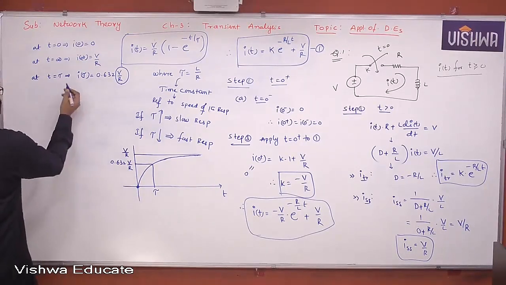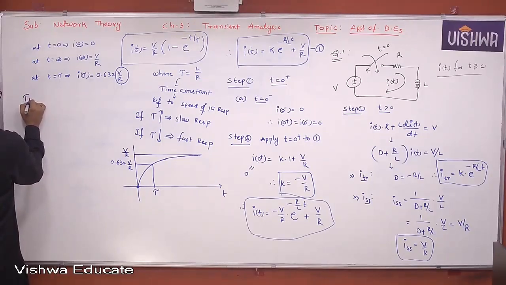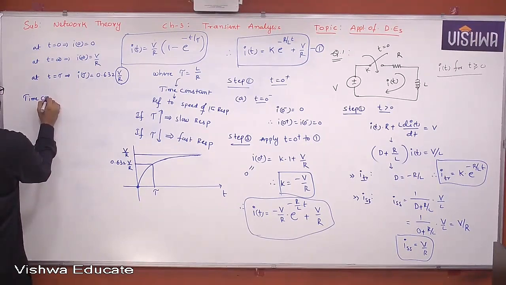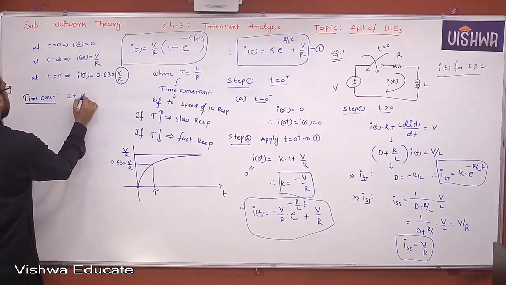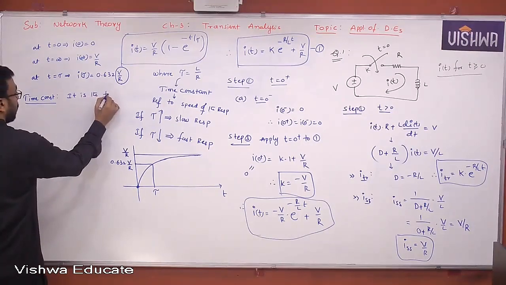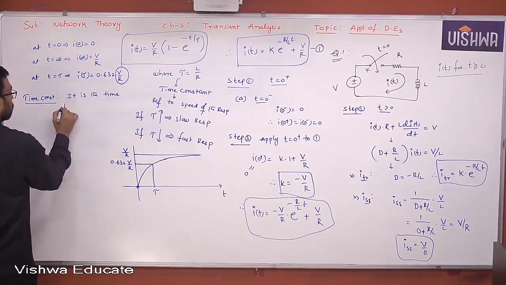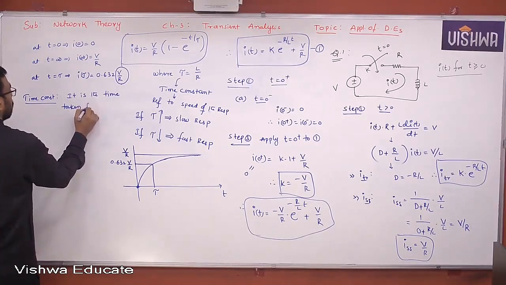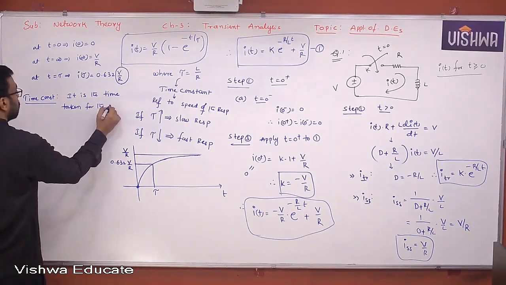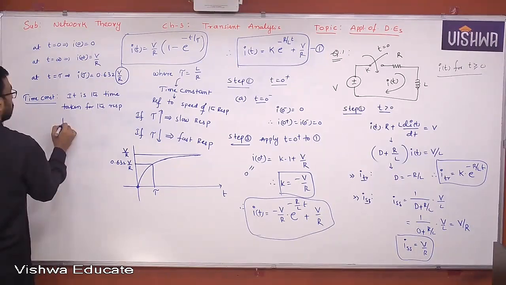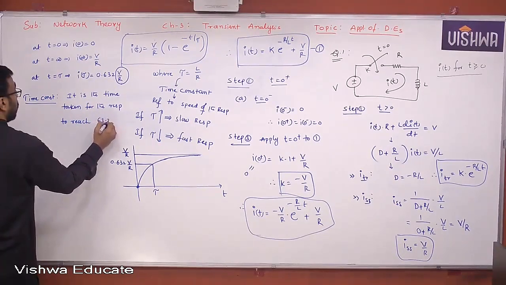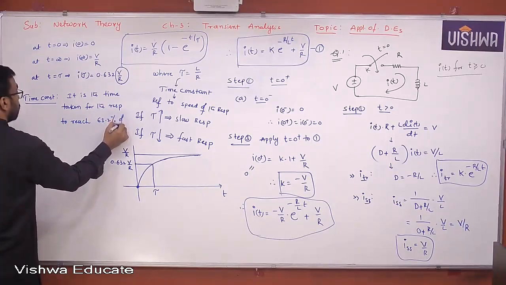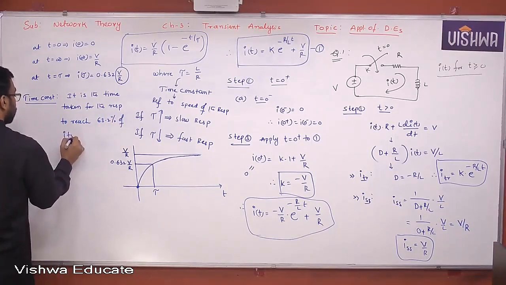So therefore, the time constant can be defined as, in this particular case, the time taken for the response to reach 63.2% of its final value.